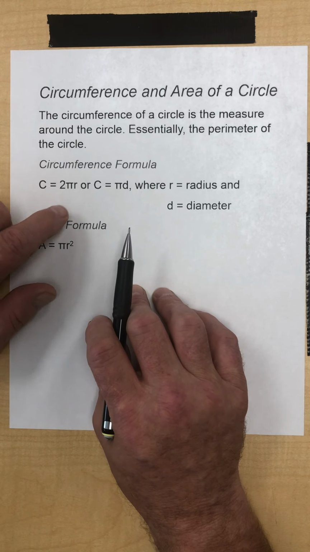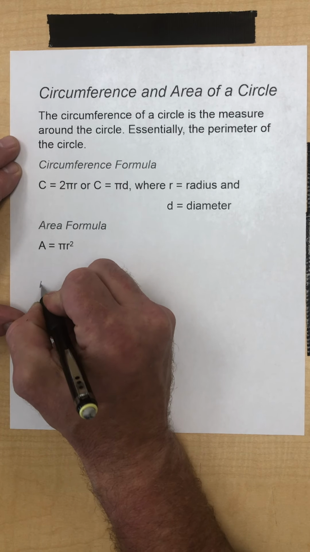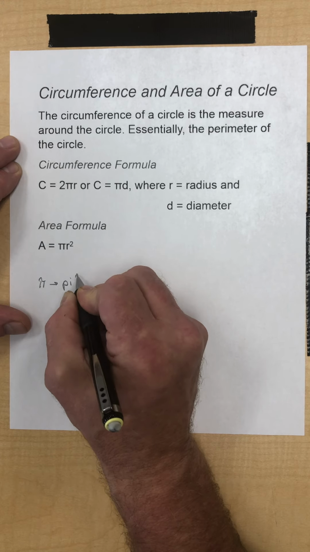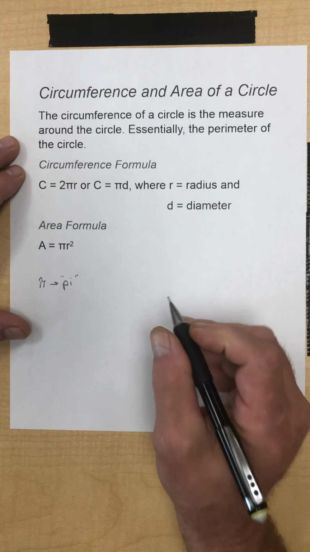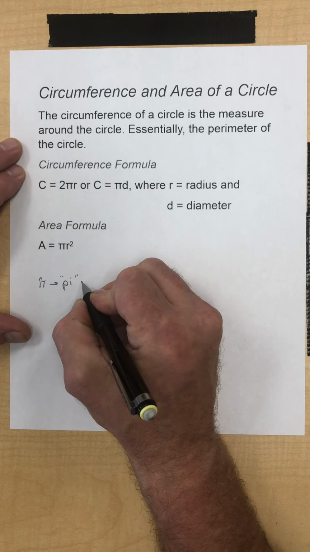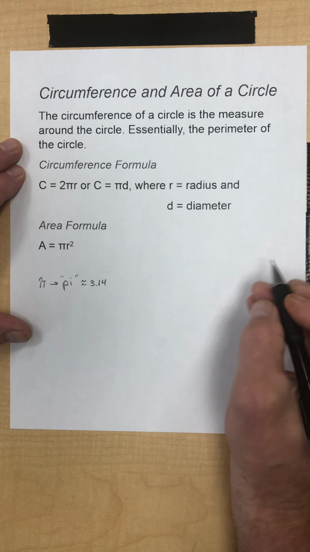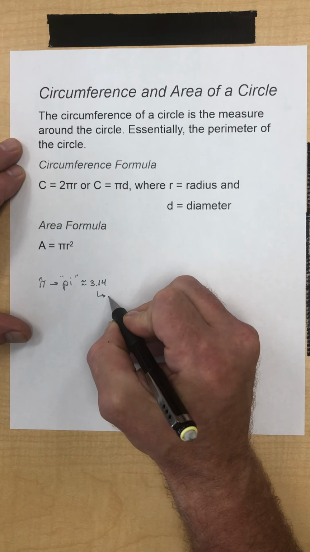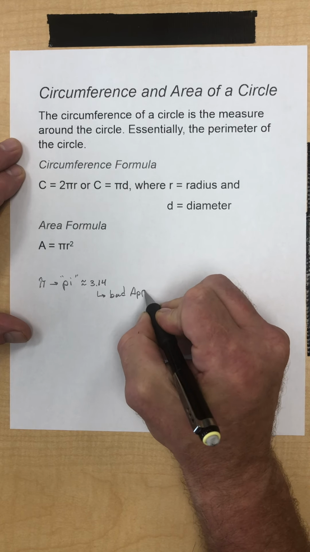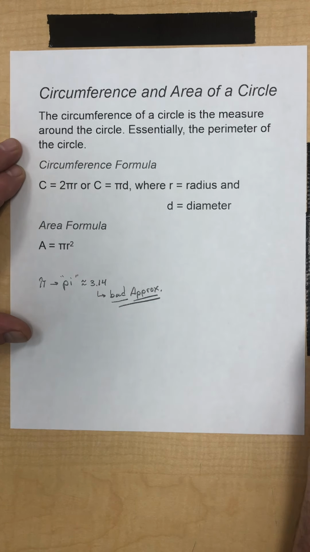Now, in these formulas, you have pi. So we know this guy right here, pi, we call it. Now I know in the past, you've had teachers that say that it is approximately 3.14, which is a really bad approximation.